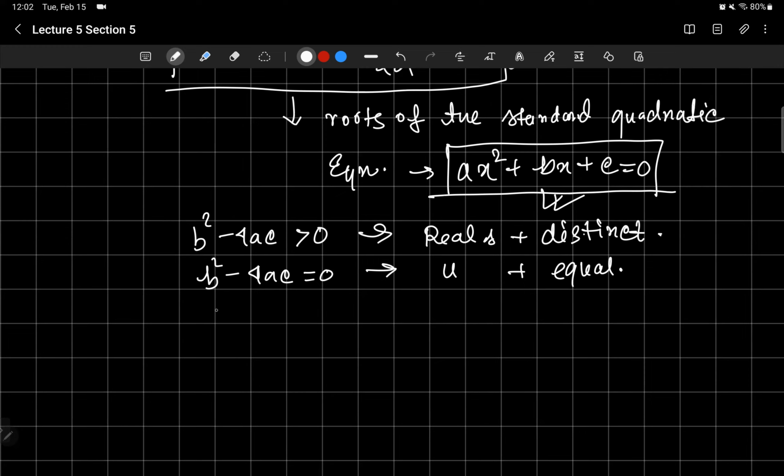So you might think there is only one root, but it's not. If you graph this, you will get a visual idea of what this really means. And if b square minus 4ac is less than 0, in general you can get complex roots.